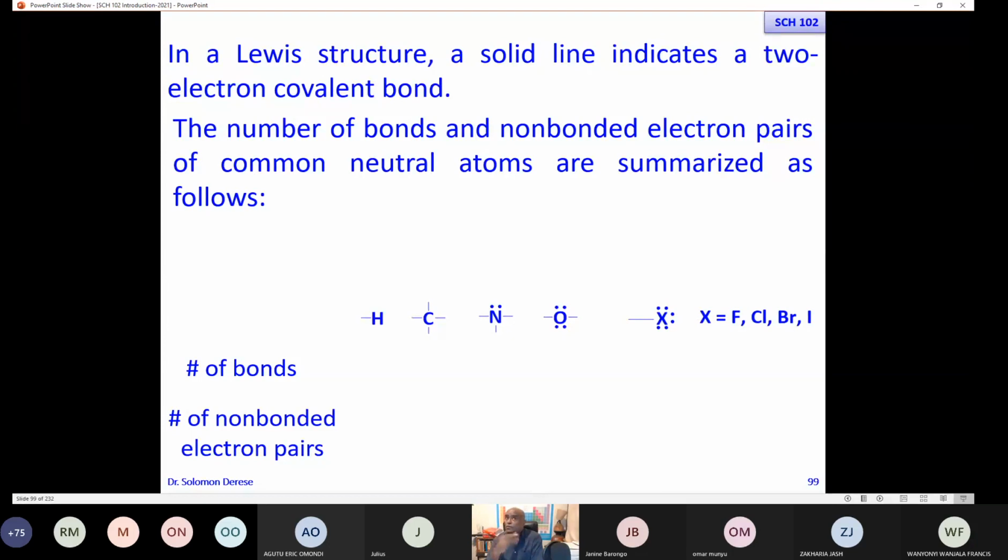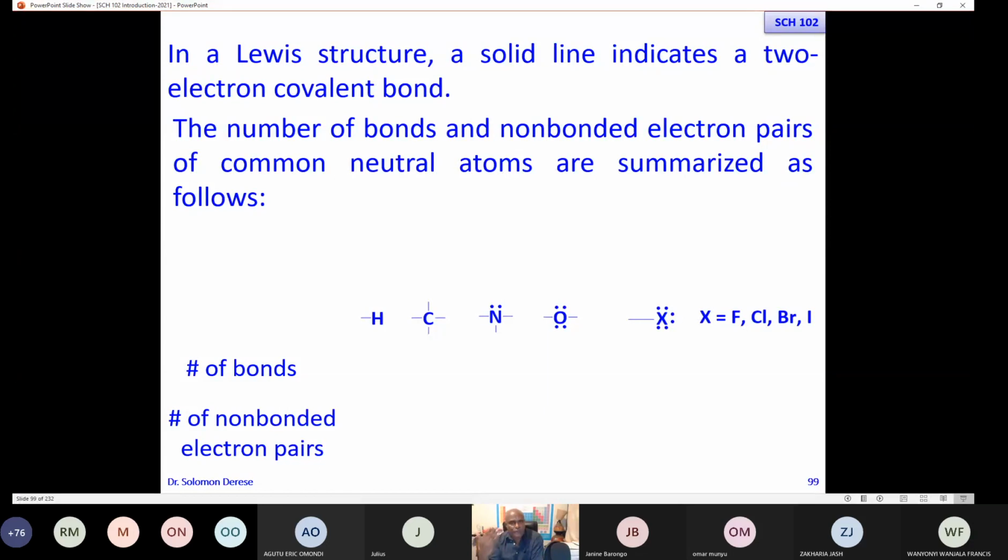Like if you look at the molecule of methane, where you have 4 hydrogens, you will see all these 4 hydrogens have formed a single bond with the carbon. Hydrogen forms only one bond. And then if you look at carbon, carbon has 4 valence electrons. It is in group 4A of the periodic table. As a result, carbon will need an additional 4 electrons to have the electron configuration of the corresponding noble gas neon.